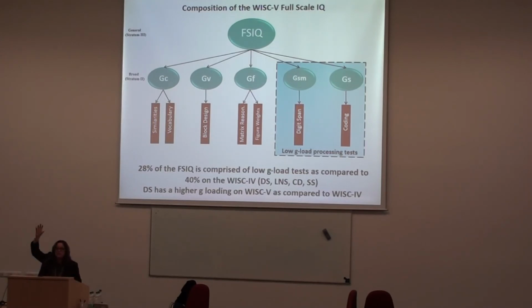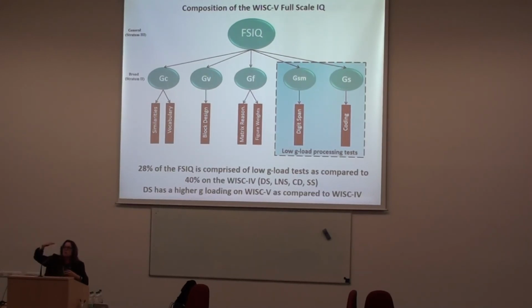Which means it's not about higher level thinking and reasoning. So it has a low G loading. Memory tests, particularly memory span tests, tend to have moderate and sometimes low G loadings, right? So they're part of the full-scale IQ. The lower functioning individuals score higher on processing speed and memory than they do on visual processing, crystallized intelligence, and fluid reasoning.